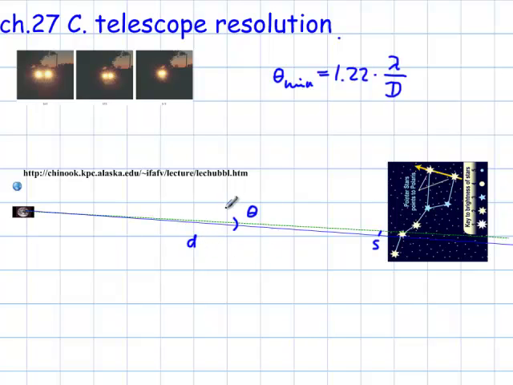And if we go back to the triangle condition, then we can relate that distance S here to the distance D to the tangent of the angle, respectively. When that angle is really small, then we can just say that S over D is that angle as long as that angle is in radians.